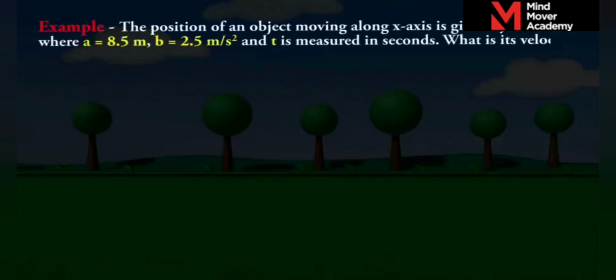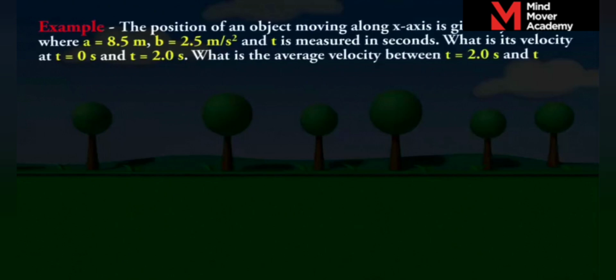What is its velocity at t = 0 s and t = 2.0 s? What is the average velocity between t = 2.0 s and t = 4.0 s?